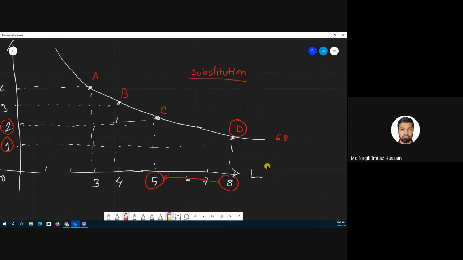So what do you think? Is it beneficial to reduce people and increase capital at this point? If you operate at D, then by adding just one machine you can reduce so much labor. You can save a lot of cost here. Okay?